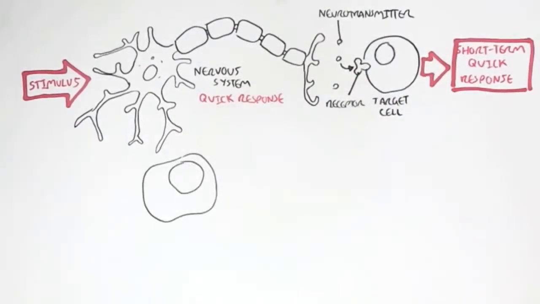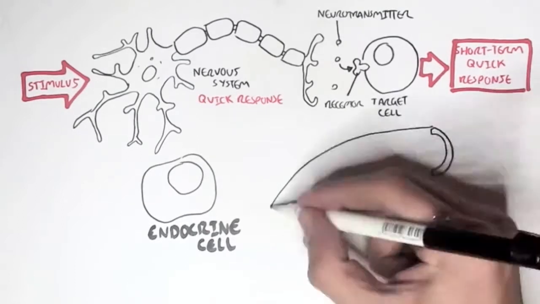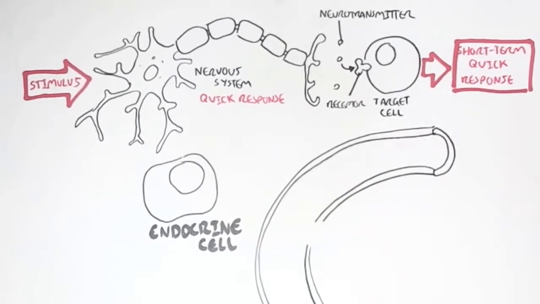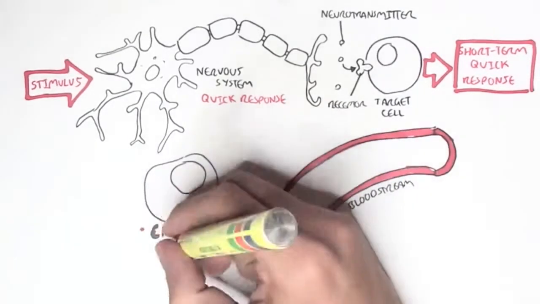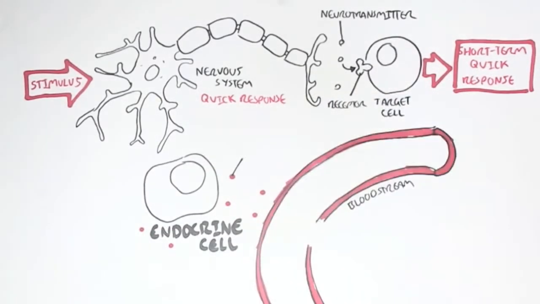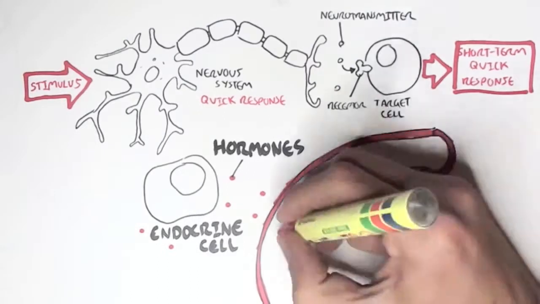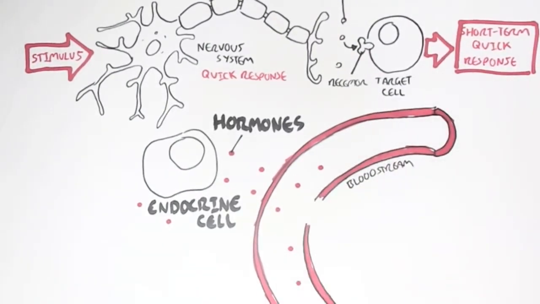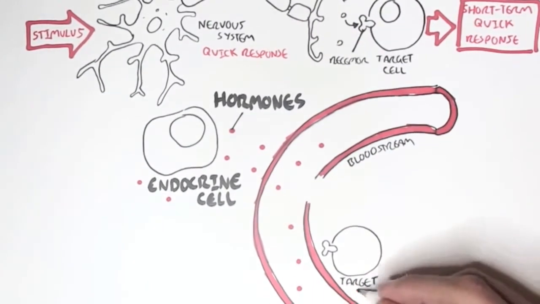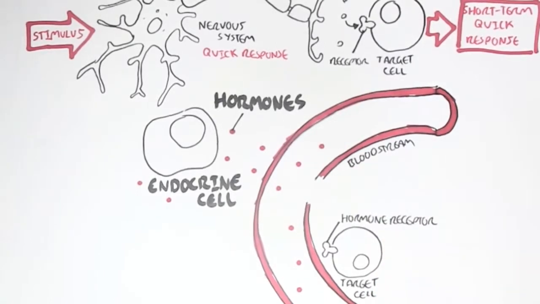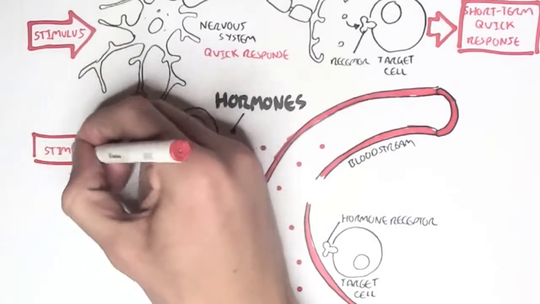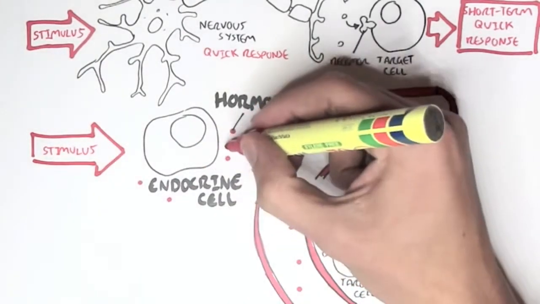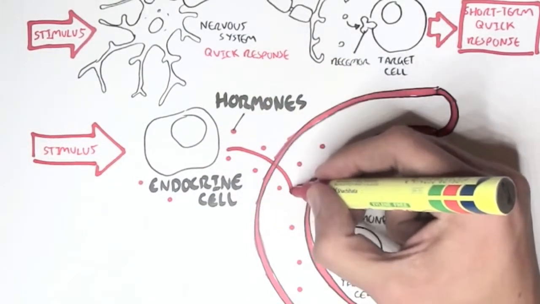Now, the endocrine system, on the other hand, will send signals not via neurotransmitters but through hormones. These hormones will travel via the bloodstream, where they will then target a cell and its specific receptors. So with an endocrine cell, when a stimulus or command comes, this will stimulate the endocrine cell to secrete hormones into the bloodstream, like so.